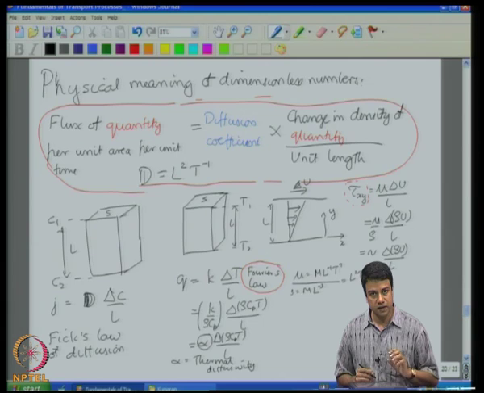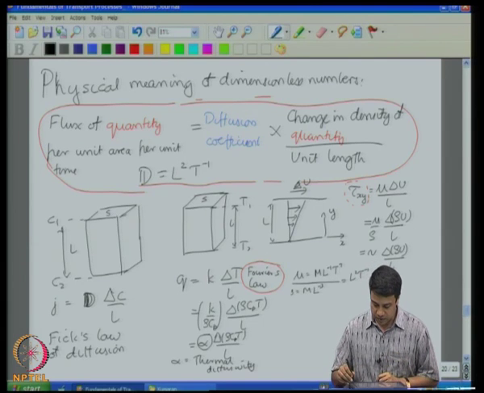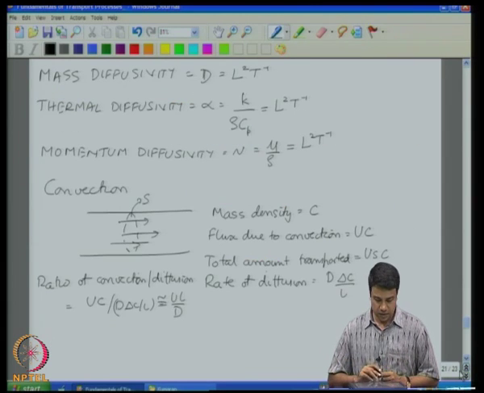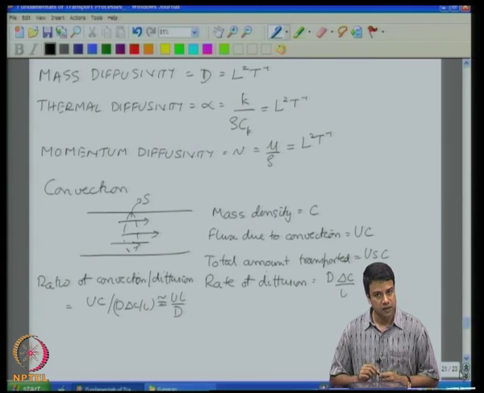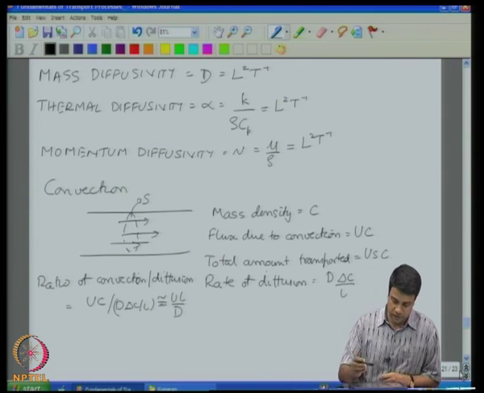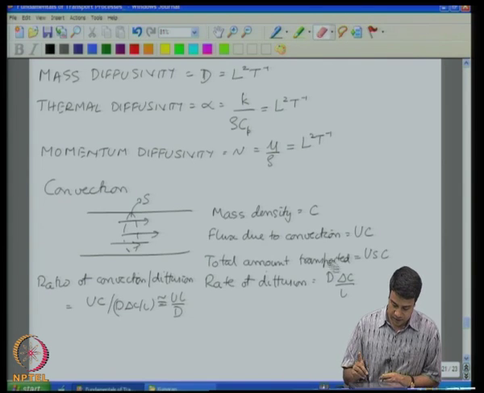This gave us a physical interpretation for what all those dimensionless numbers mean. The mass diffusivity D has dimensions of length square T inverse, thermal diffusivity alpha, k by rho Cp, has dimensions of length square T inverse, and momentum diffusivity nu has dimensions of length square times T inverse.